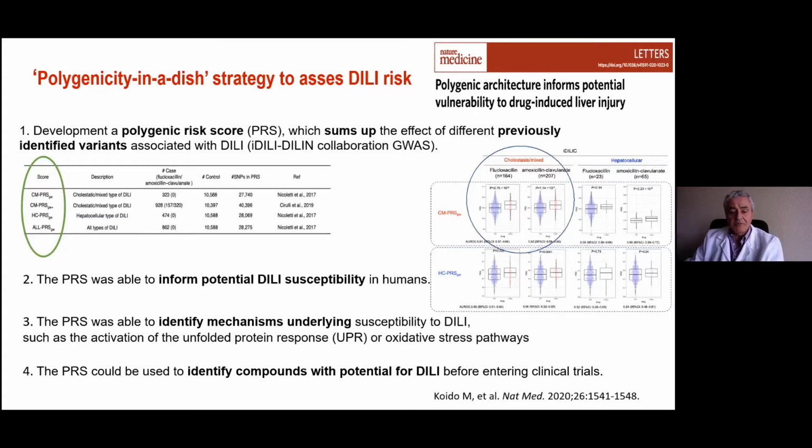The utility of this new polygenic risk score was validated using GWAS data obtained from an independent clinical trial of a hepatotoxic drug, as well as multiple donor-derived organoids and primary hepatocytes treated with a variety of hepatotoxic medications such as cyclosporin A. This was specifically predictive for the cholestatic and mixed type of liver damage, not for the hepatocellular one. But this approach suggests that in silico toxicity modeling coupled with in vitro genomic and transcriptomic approaches might identify compounds with potential for DILI before entering clinical trials. We have to see, but this is very promising new data.